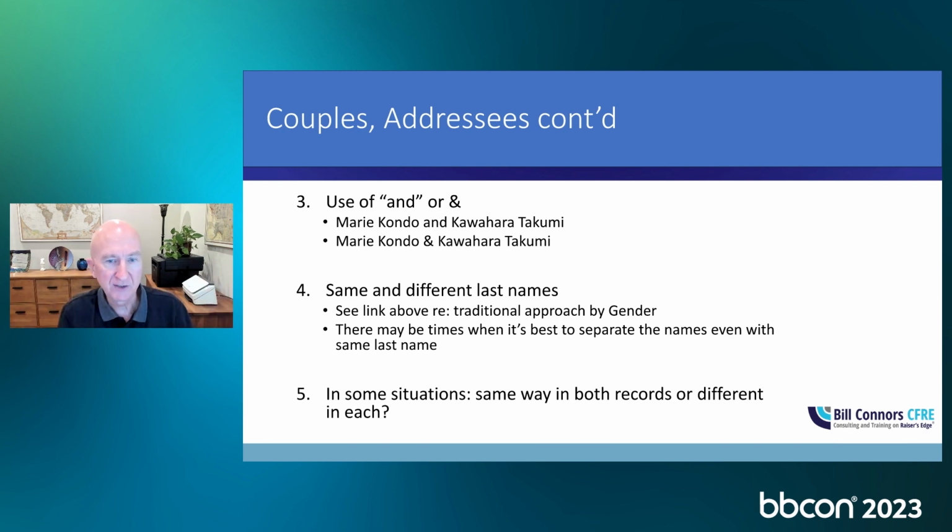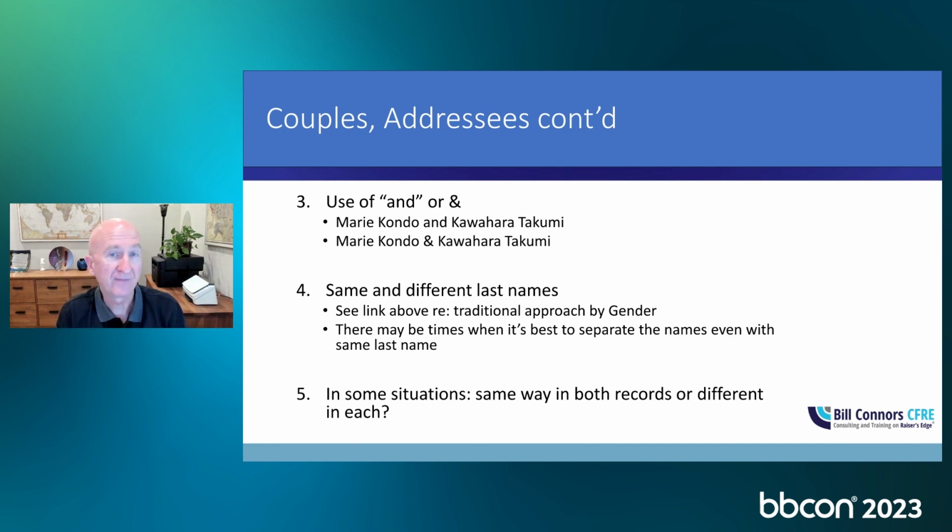So don't be afraid to do that. There's nothing wrong with saying, oh my gosh, this has gotten so complicated with first names, years, nicknames, suffixes. It looks silly when I try and do it so that the last name is at the end. Well, fine. Just do one name first and do the second name second, even if the last names are the same.